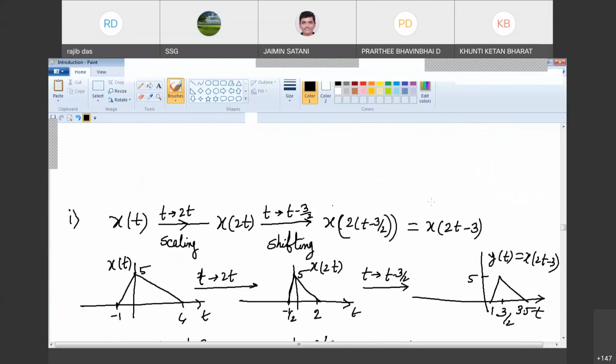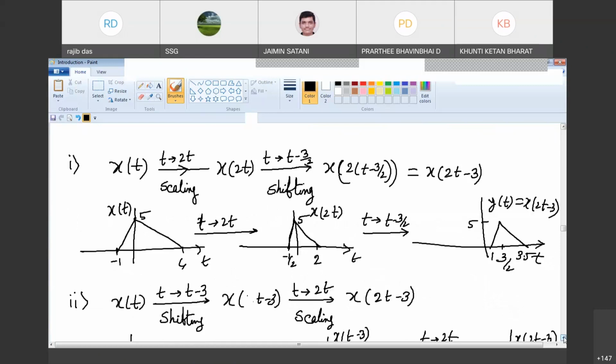So shifting is not only 3, it is basically 3 by 2. Okay? Don't make any mistake here. So if you start with scaling, followed by shifting, then in shifting, you have to be very careful because it should not be shifted by that constant unit only. It is basically that divided by this one. Okay? I hope it is clear. So any question?